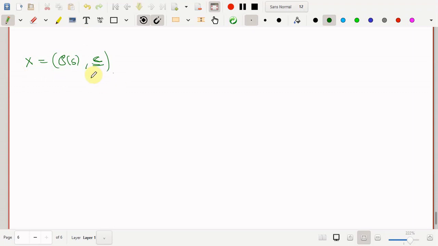Now in the power set of S, it contains all the elements starting from the empty set to S. Can you tell me which is that subset of X which is not contained in any other subset of X, and it is contained only in that set? Obviously, the set S itself.